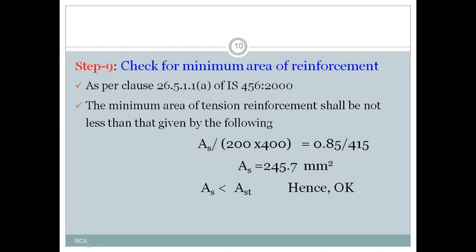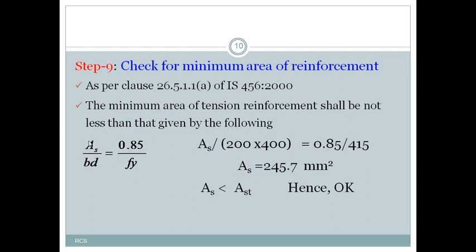We will check for minimum area of reinforcement. That means for any kind of beam or any kind of slab, but now we are talking about beams, so we will limit our lecture to beams only. The minimum area of tension reinforcement shall not be less than that given in the following. That means AS by BD is equal to 0.85 by Fy.